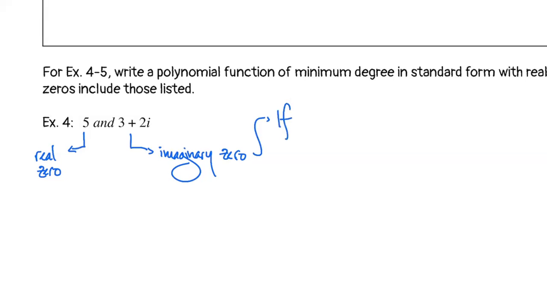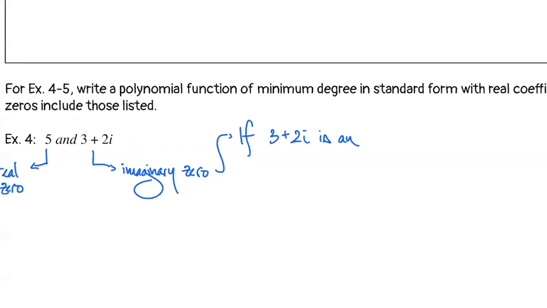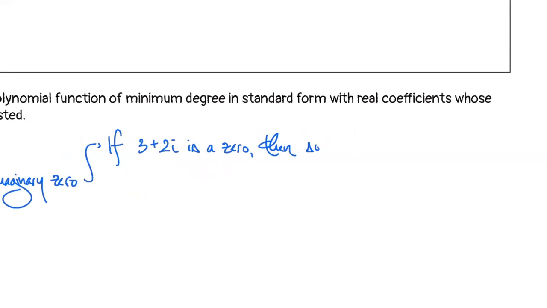So if 3 plus 2i is a 0, then so is 3 minus 2i.